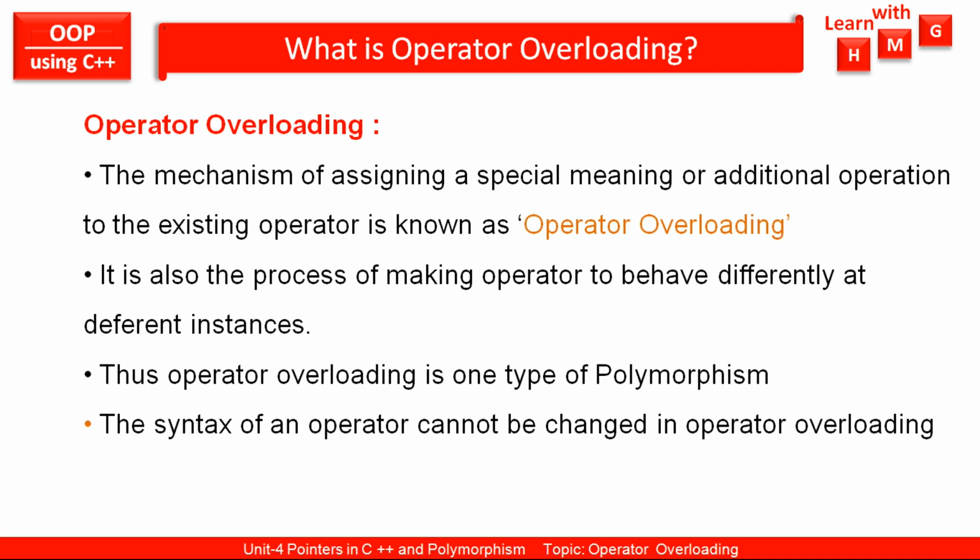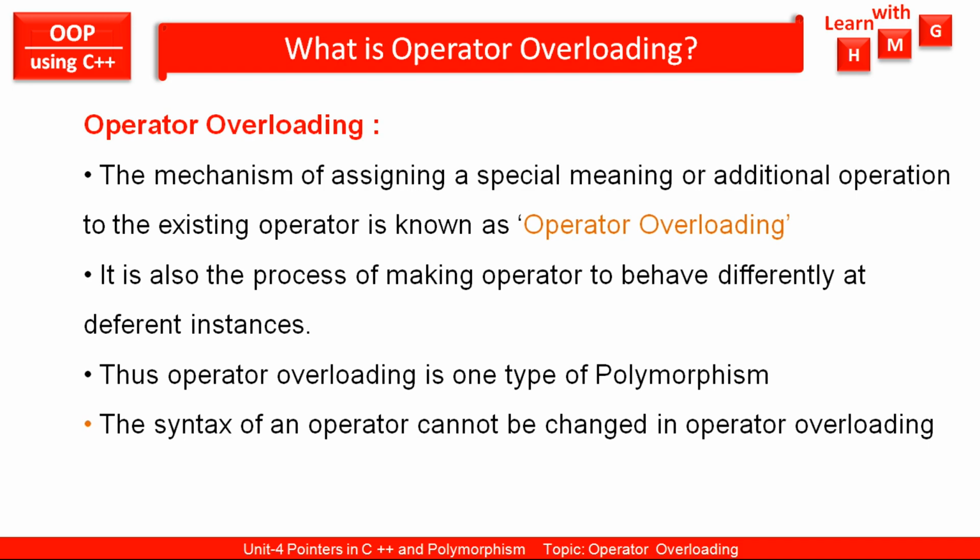That is, an operator is written or used in a particular syntax. For example, in order to increment the value of a variable, we can use the increment operator as pre-increment or post-increment. So that is the syntax you have to use. Suppose the negation operator is always applied as a preceding symbol to the variable, that is minus variable, but you cannot use it as a postfix, that is variable minus.